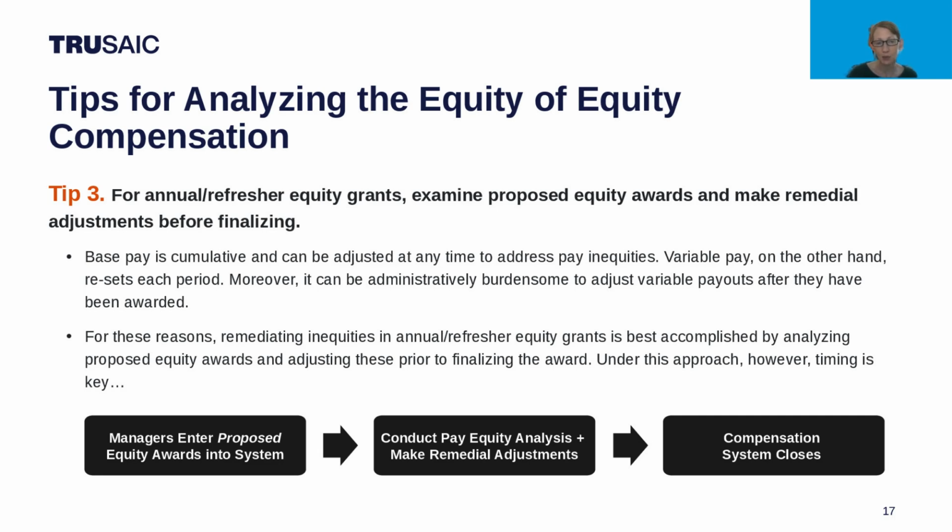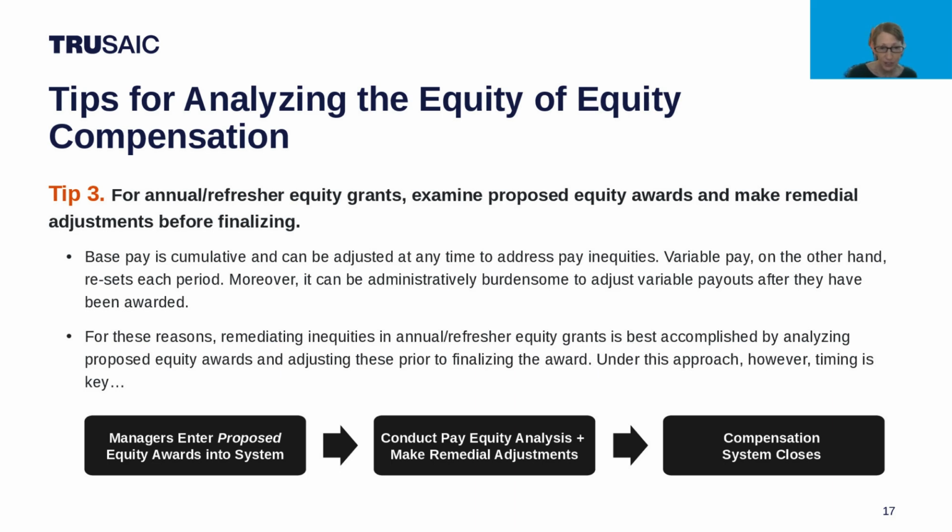To really make this process work, you need to conduct a pay equity analysis of proposed equity awards and decide on any kind of remedial adjustments in between the time managers enter proposed amounts into the system and the time the system closes.